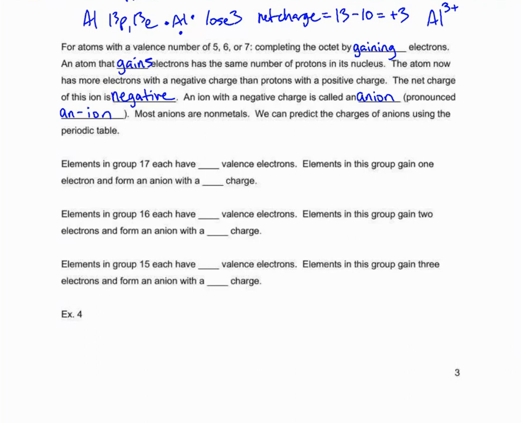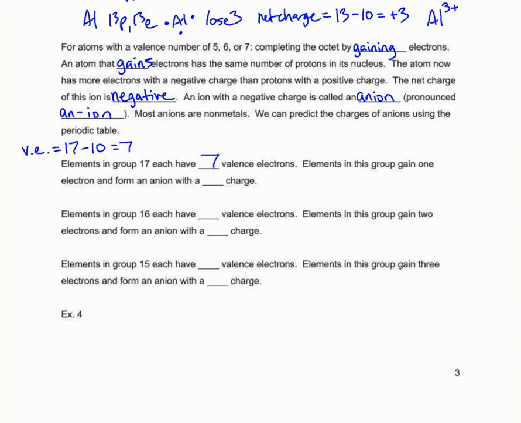So, for elements in group 17, each of these elements has 7 valence electrons. So remember, valence electrons is group number 17 minus 10. There's 7 valence electrons.